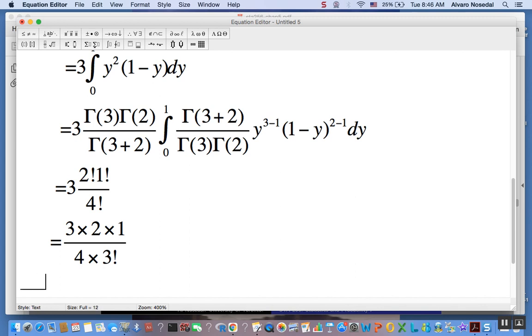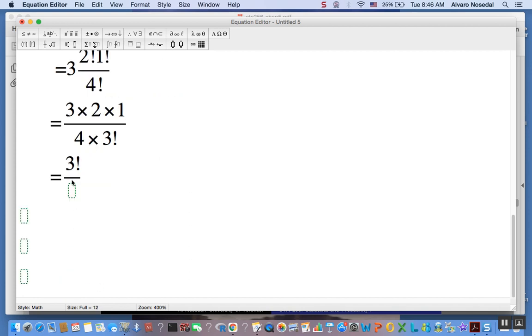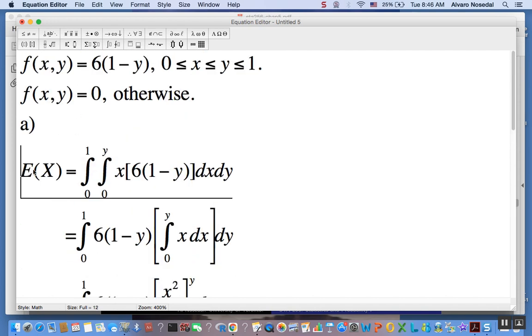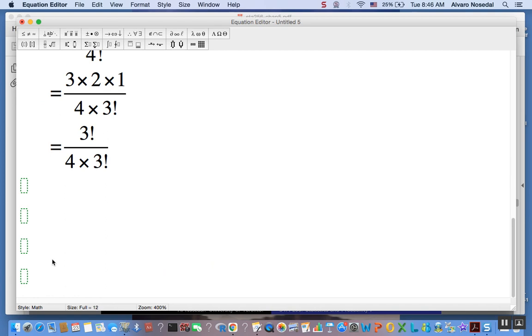So in the end, we have 3 factorial divided by 4 times 3 factorial, so the expected value of x is just 1 over 4. Okay, make sense?